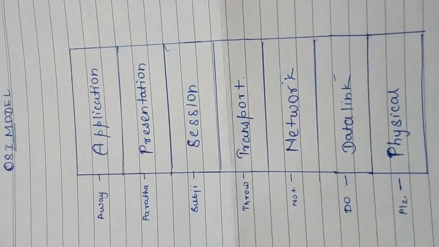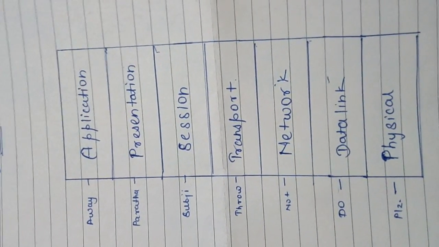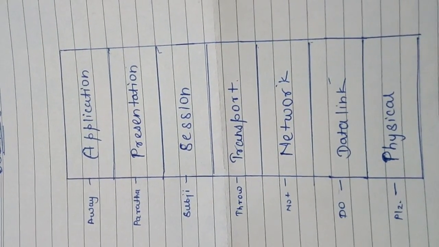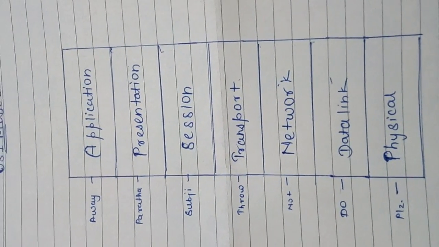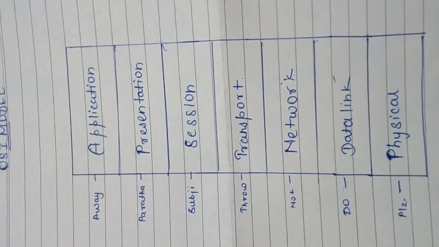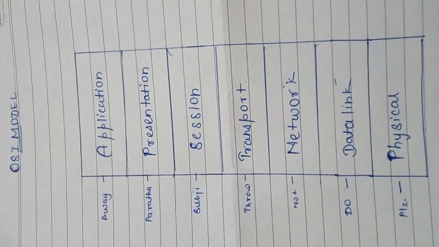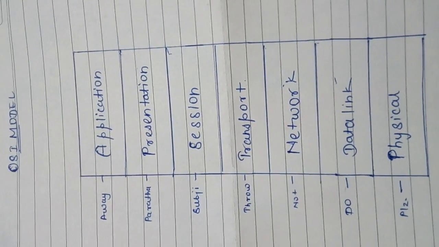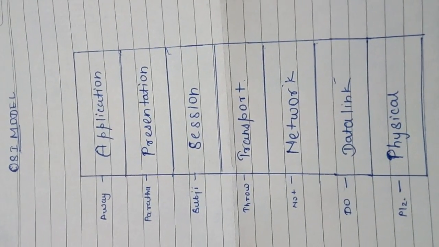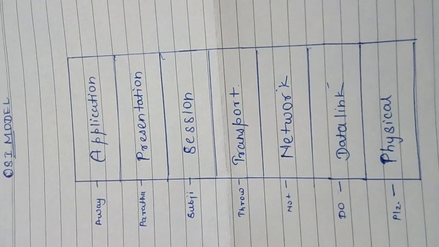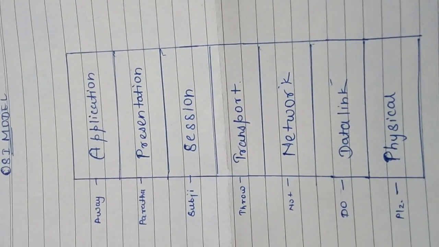It generally tells us what the function of each layer is, not how these layers are related to each other. Its main aim is to tell the programmer how each layer is going to do what kind of work within it. So let's start with the physical layer.